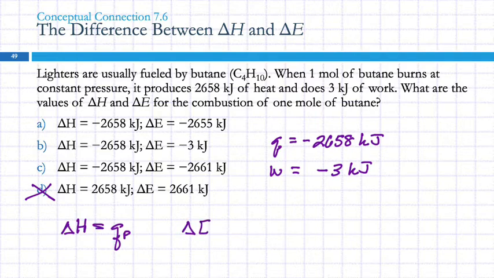Delta E is equal to Q plus W. So when we add these 2 together, what do we get? Negative 2,661 kilojoules. So that's the correct answer. This one's just looking at the work, and this one got one of the signs wrong.